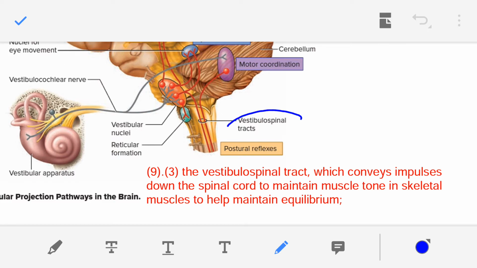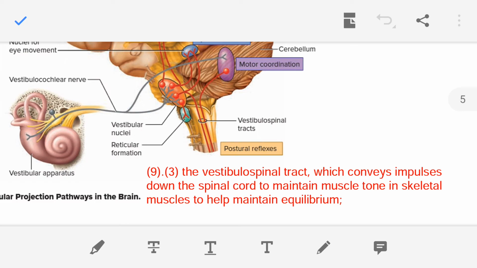With the help of this tract, the spinal cord is also involved, and by this muscle movement and bodily equilibrium are maintained. Simply, the vestibulospinal tract along with the spinal cord is responsible for muscle tone, contraction of skeletal muscle, and movement of our limbs.